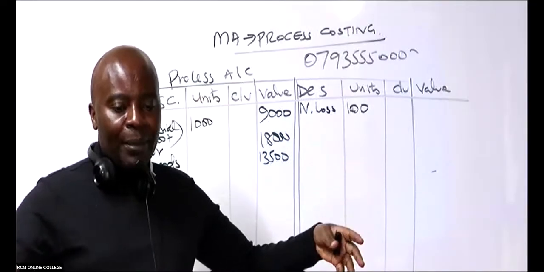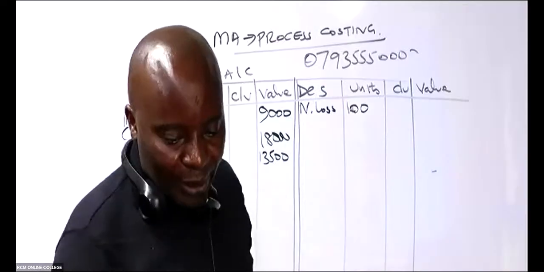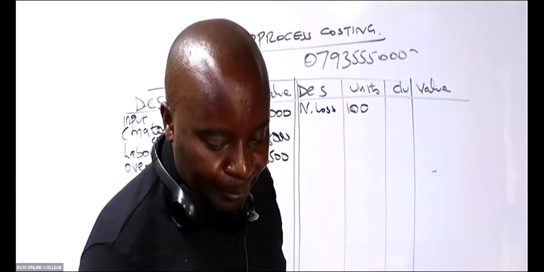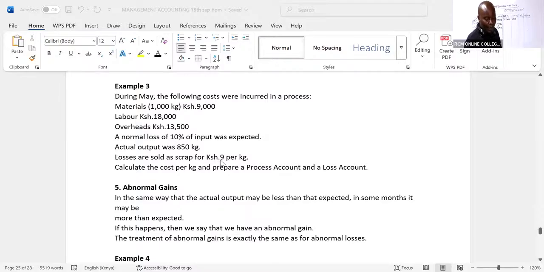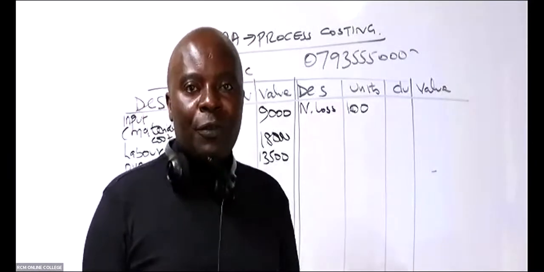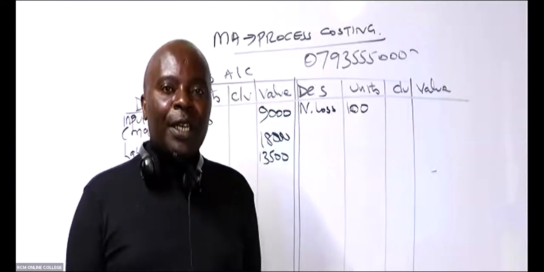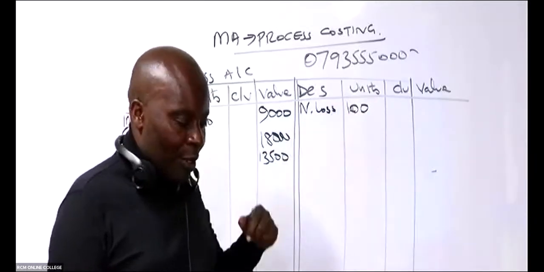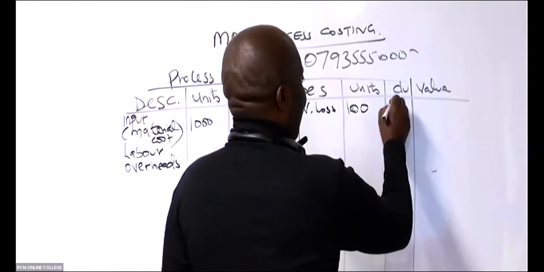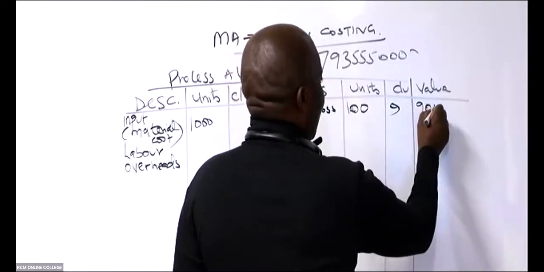We multiply them by the scrap value. You can see in this case losses are sold at a scrap value of 9. And remember, at times the scrap value is not given. If the scrap value is not given, you should always multiply whatever quantity you have here by 0. But now here we have a scrap value of 9, which gives us 900.